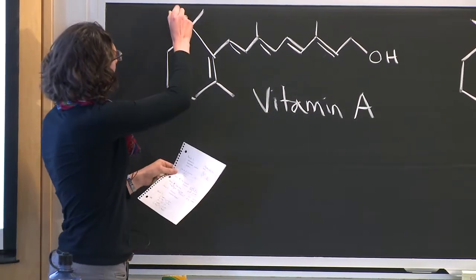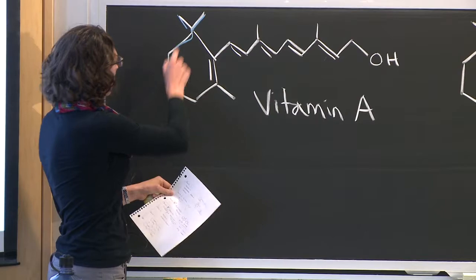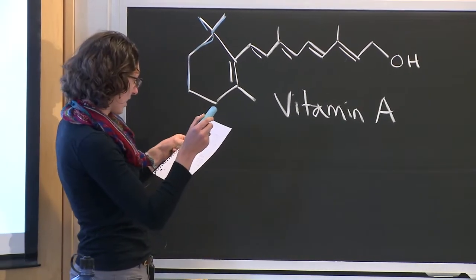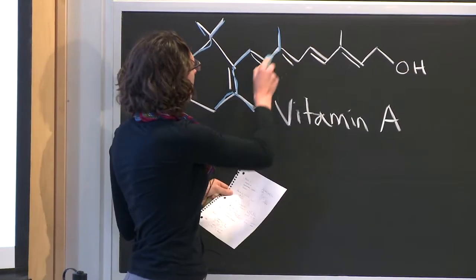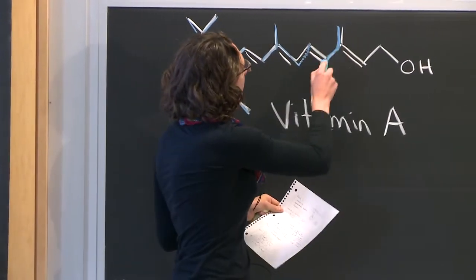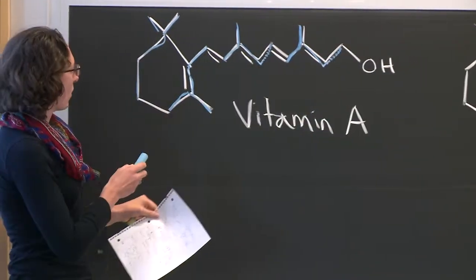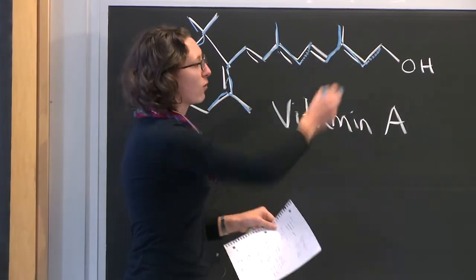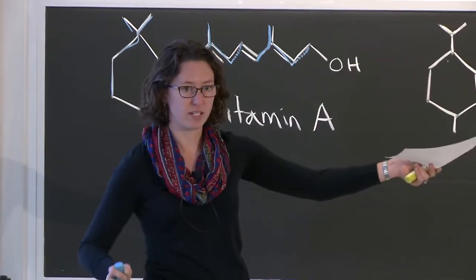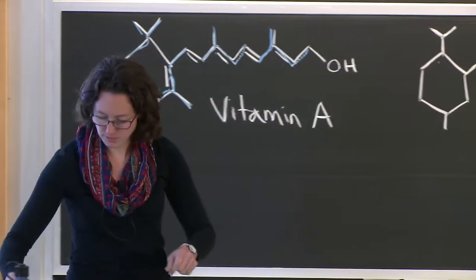If you start at the top, there's one there. And we have another 1, 2, 3, 4, 5 there. And then you can keep going down the chain. So how many isoprene units do we have here? We have 1, 2, 3, 4. So this would be a diterpene.